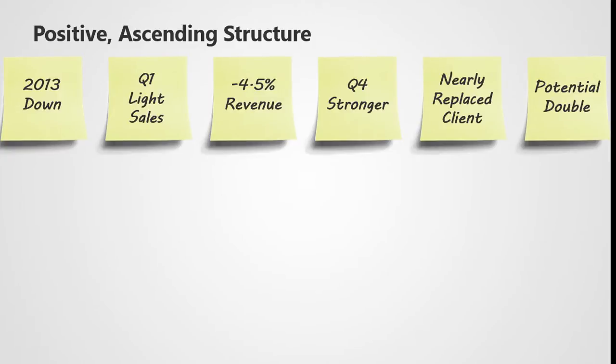But hey, listen, the fourth quarter was way stronger than we expected, and that large client we lost, we've almost replaced them at this point with a bunch of smaller clients, all of whom have a great amount of growth potential. So even though we went through this down period, don't worry, we've restructured.